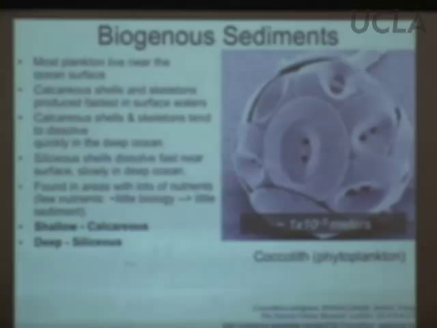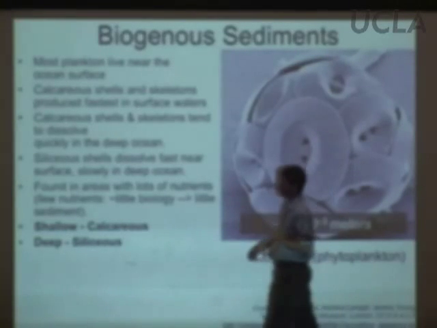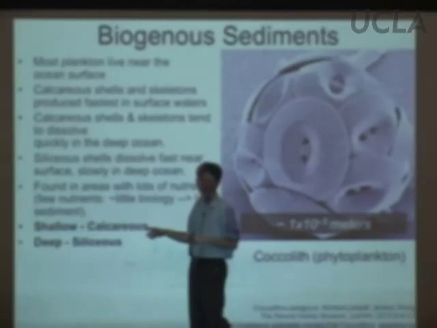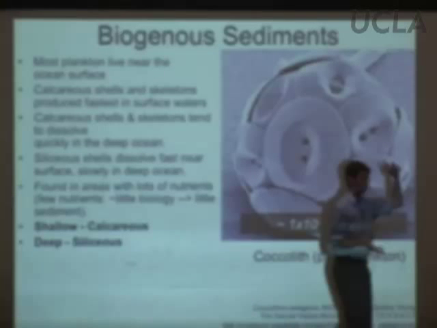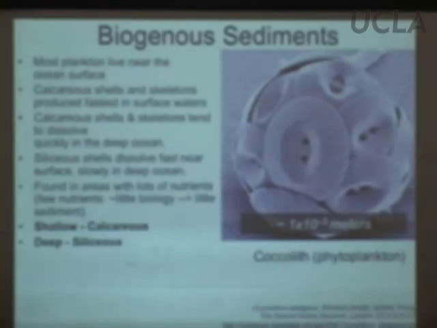So if you look at the seafloor and the sediment that's accumulating there, these organisms are living all over the place, more or less. They live in different parts of the ocean to different degrees, but in the shallow ocean, both calcareous and siliceous skeletons are being formed. But if you get into the deep water, the skeletons from the calcareous organisms tend to dissolve before they make it to the bottom, or while they're sitting on the bottom before they can get buried and insulated from the seawater that's dissolving them.